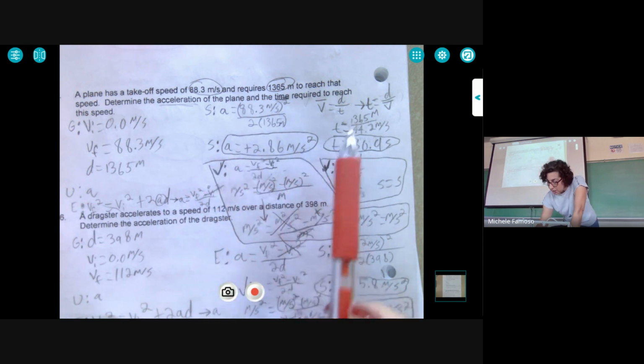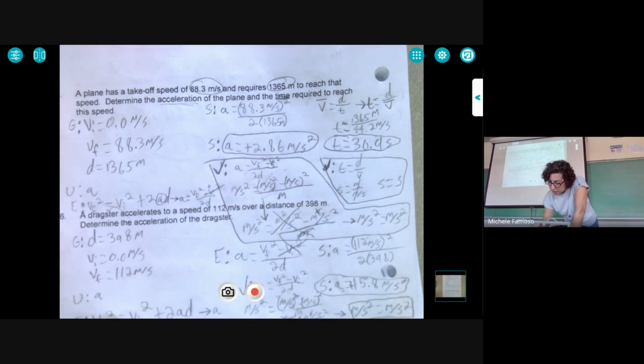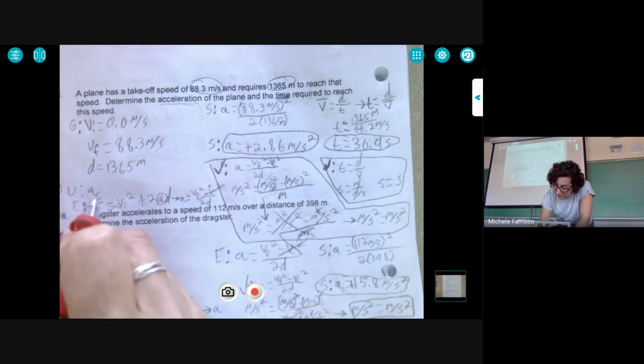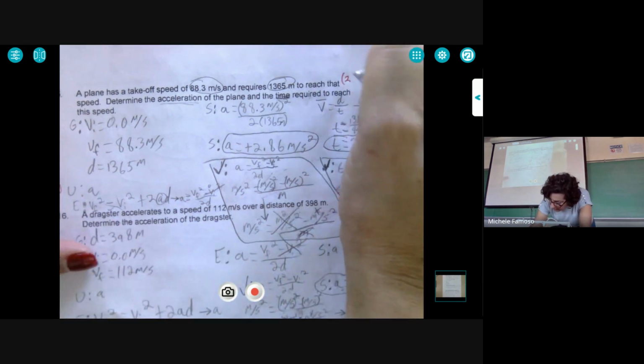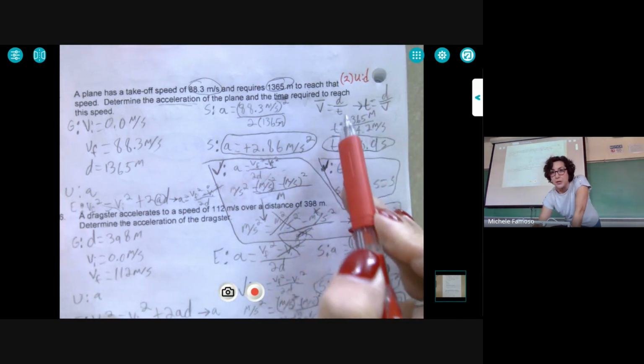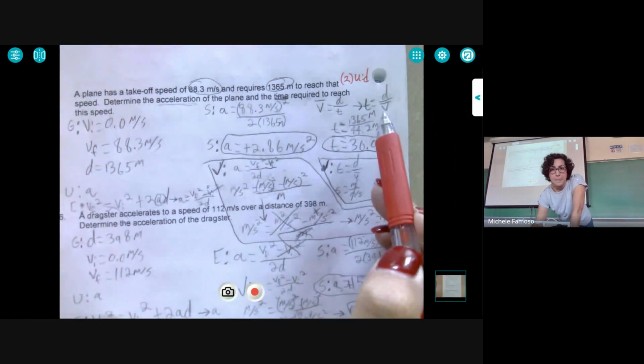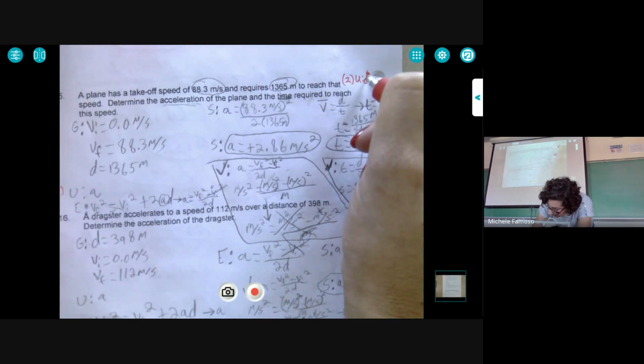Now, the second part is looking for, where's your unknown? Do you have an unknown listed for the second part? Your first part is finding A. The second part, the unknown, is D. So he's using V bar as D over T. Oh, not D, my mistake.